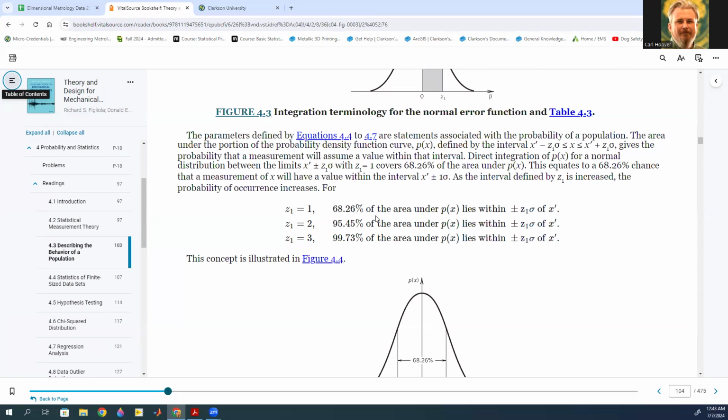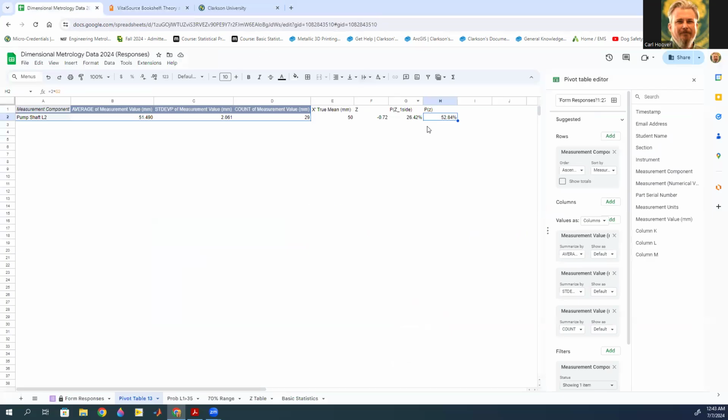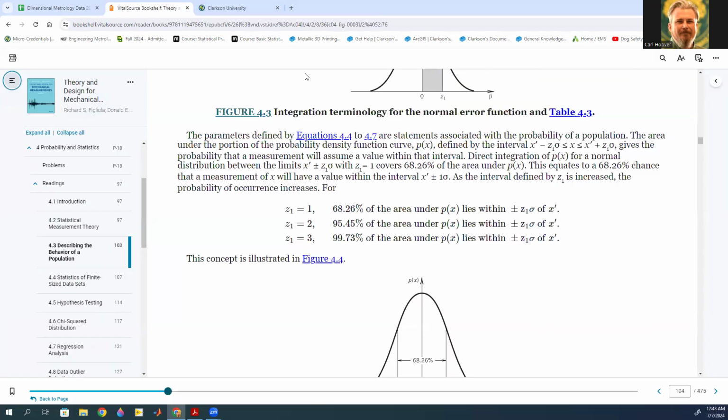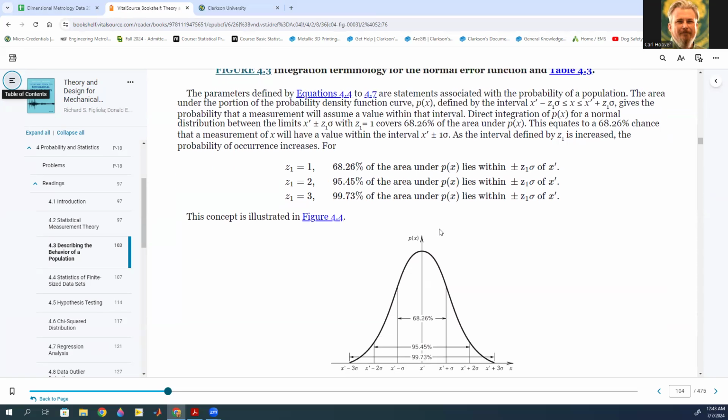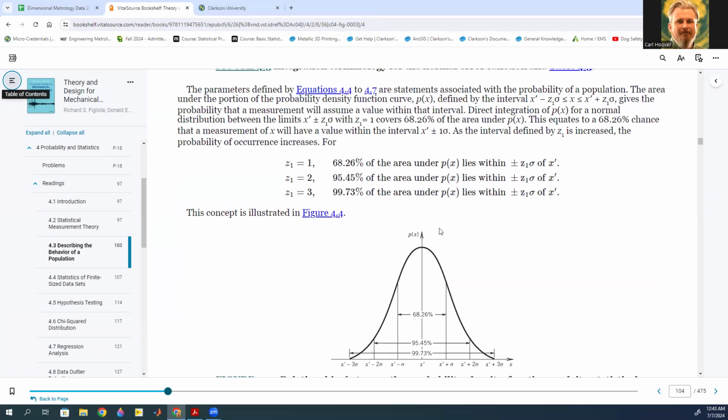And so we find that 52.84% is the area under the curve within plus or minus 0.72 standard deviations from the mean. And so that result seems fairly likely. So in other words, the variation that we're observing is probable. It's within reason. It's not at all improbable or unlikely to occur.